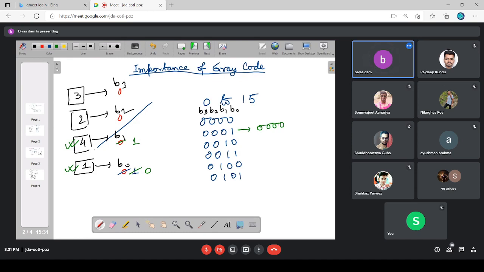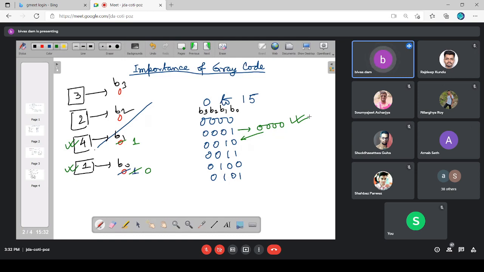Then you'll come to this point. So from 1 to 2, I encounter one transient state. This state is not a steady state. It is coming momentarily, depending on the propagation delay mismatch time.